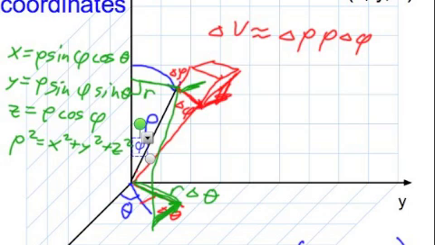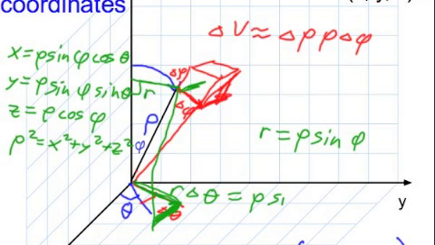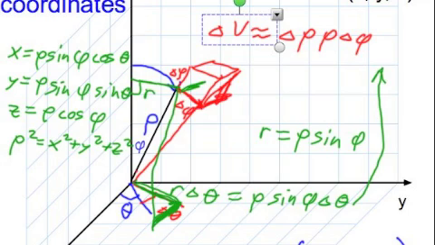Let me jot that down. So the r value is the sine of phi times rho. So if that's the r value, then this third side of our box, the r delta theta, is going to be r sine of phi delta theta, which we can then tack on to our delta v piece here.